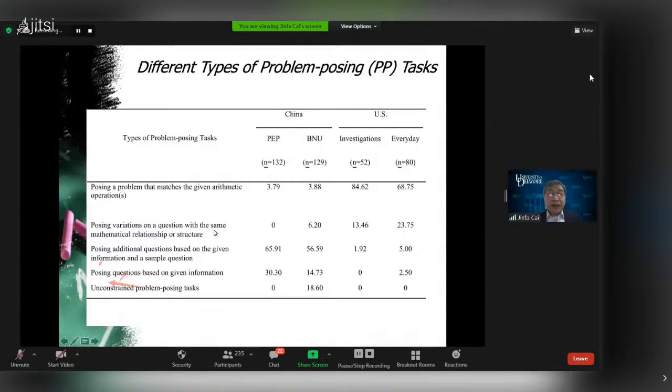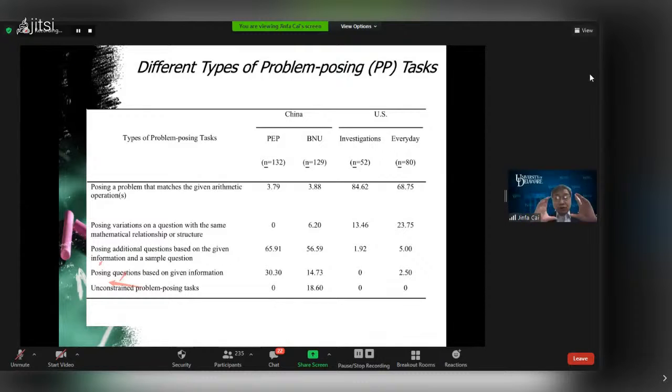The second category is posing variations on a question with the same mathematical relationship or structure. This type of prompt asks students to solve a problem, then asks them, can you pose a similar mathematical problem, asking a different kind of question, but still using the same information? The third type is posing additional questions based on the given information and the sample problem.